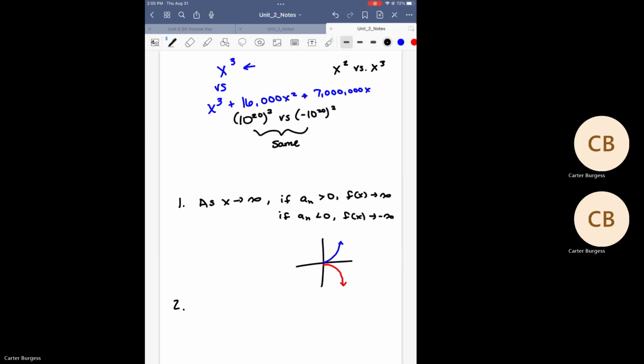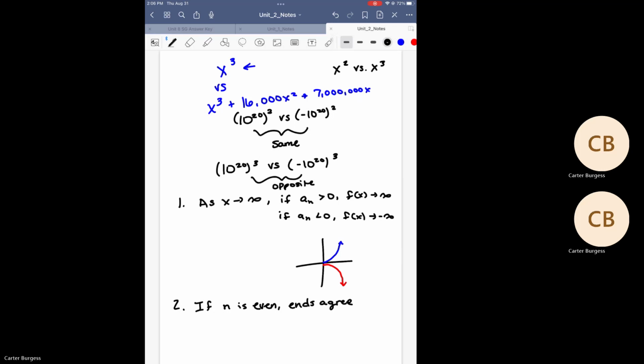Whereas what would happen if I was comparing 10 to the 20 cubed versus negative 10 to the 20 cubed? What's going to happen here? The negative sign flips it upside down. These go in opposite directions. And so what can we gain from that? Well, we can say if our degree is even, then our ends will agree.